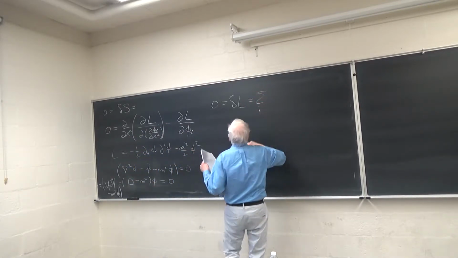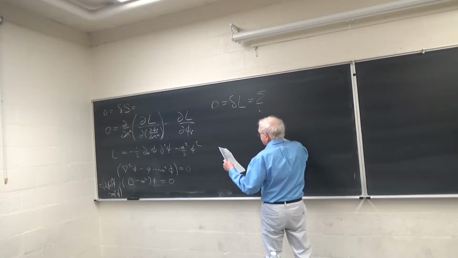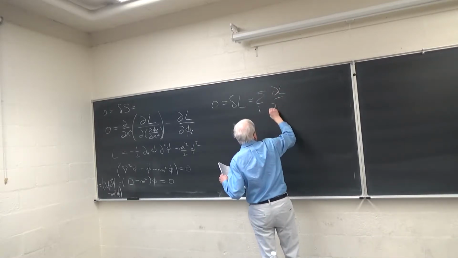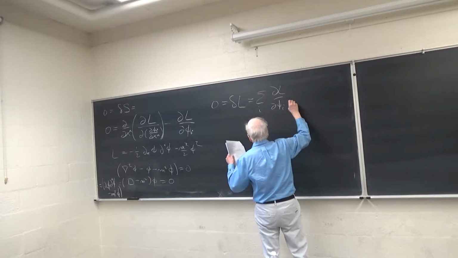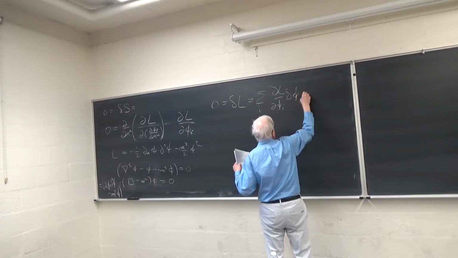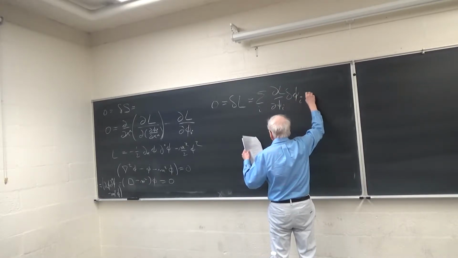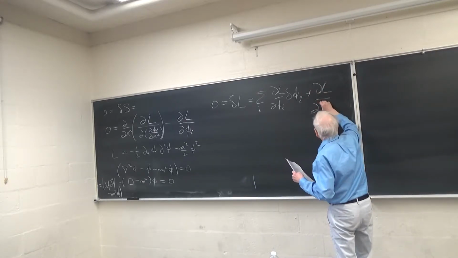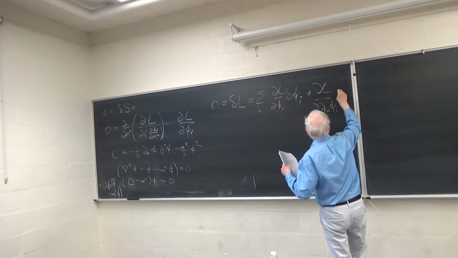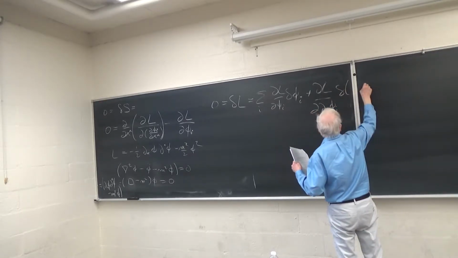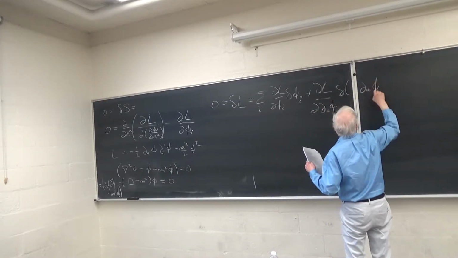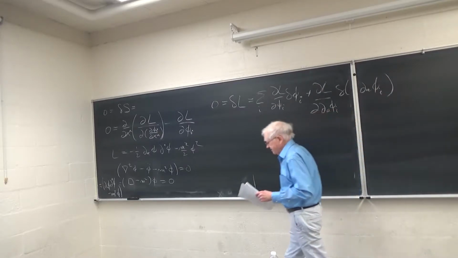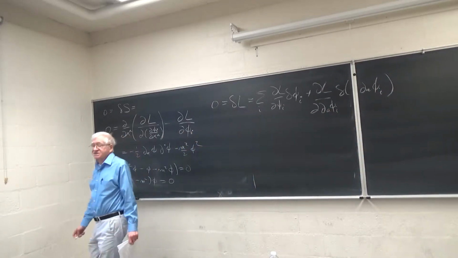So sometimes the Lagrange density itself is invariant under a transformation of the fields like this. In other words, sometimes the Lagrange density itself is invariant.